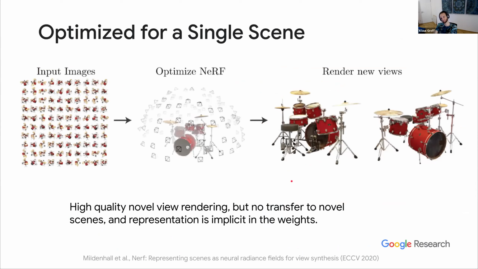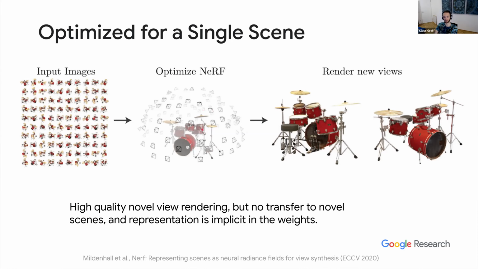Another problem with neural radiance fields for representing a scene, though, is that what typically happens is that you have a whole bunch of input images, on the order of a few hundred usually, sometimes only a few dozen. If you regularize well, even less can do. But then you optimize this neural network for that particular scene.